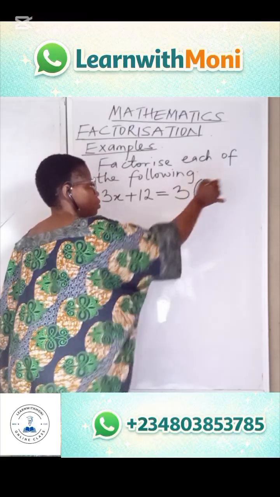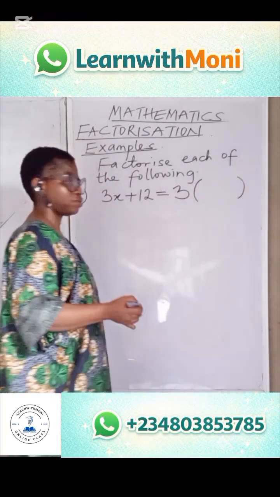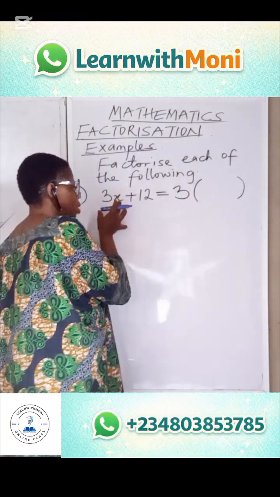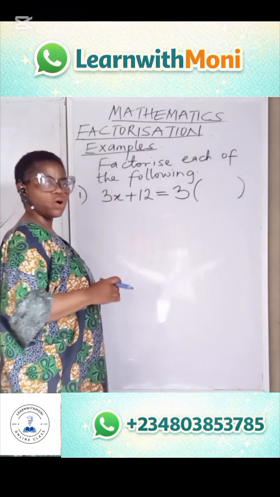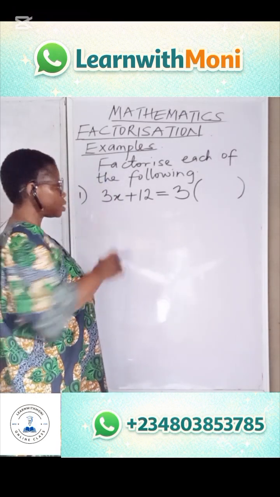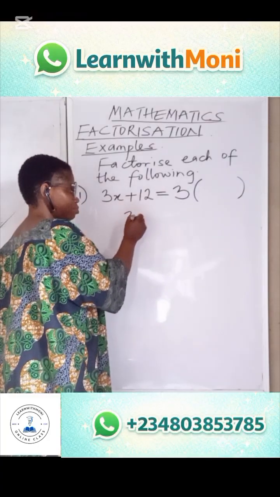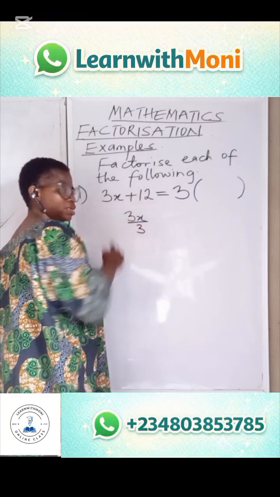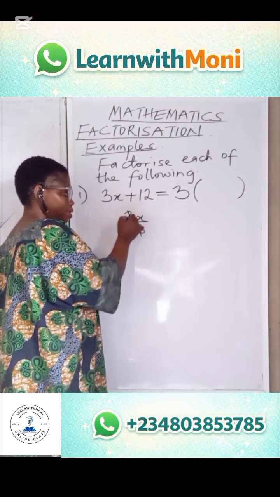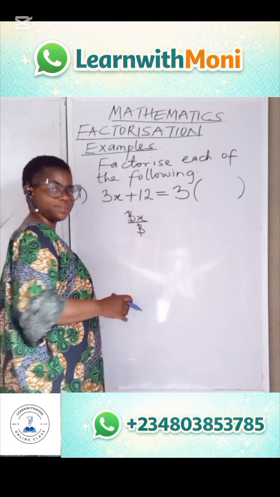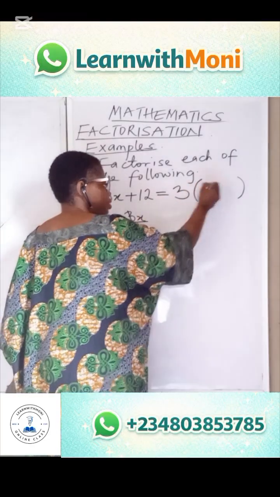Now I have to open the brackets. It's like we are bringing out the 3 from each of these terms. 3x divided by 3 is going to leave me with x, and it is the x I will put in the brackets.